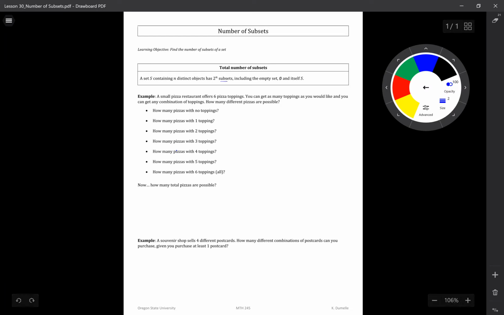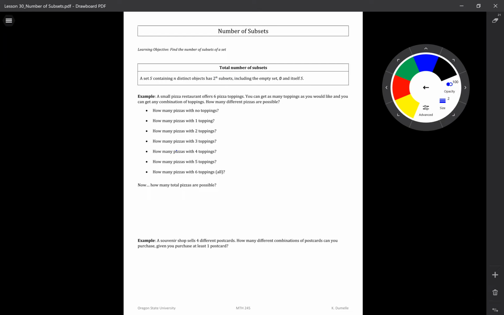And this number of subsets, 2 to the power of n, includes the empty set and the set itself, S. So we're going to do some examples to show that this is true.